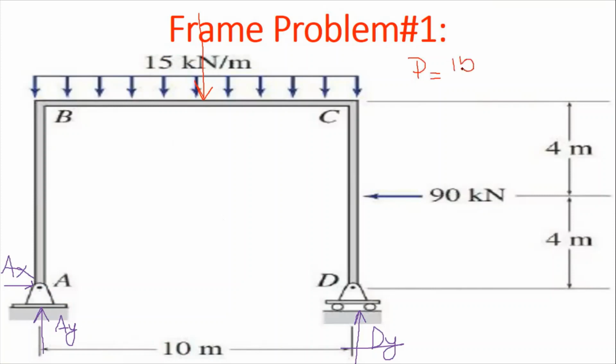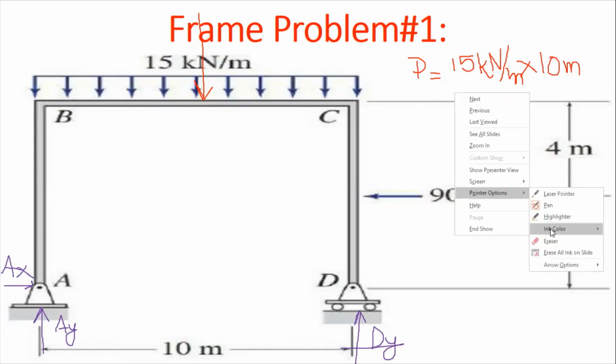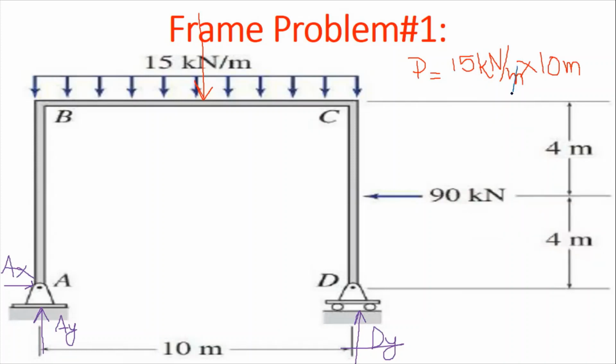So 15 kilonewton per meter multiplied by 10 meter. This is the way to convert it, cancel meter to meter. And for example 15 into 10, it comes out to be 150 kilonewton.